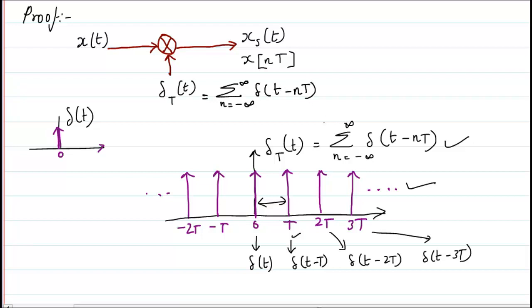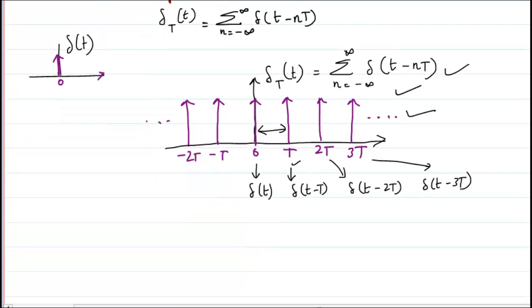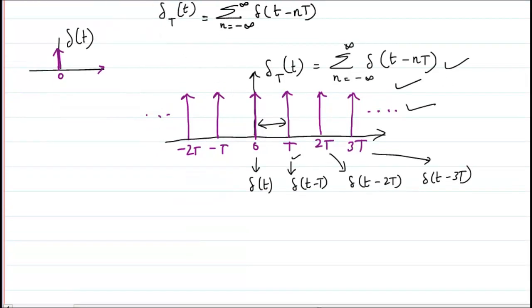If I multiply this signal with any analog signal, let me draw on top of that itself. Suppose there is an analog signal like this. What is going to be the output? The output of multiplying this sequence with this message signal is that we get signals only wherever there is a sample.